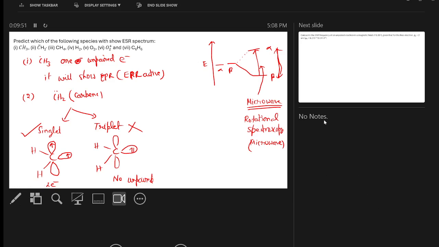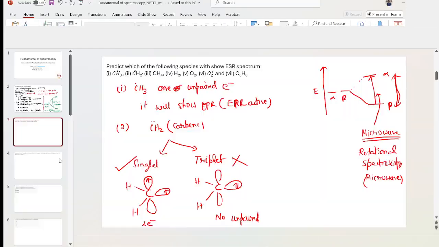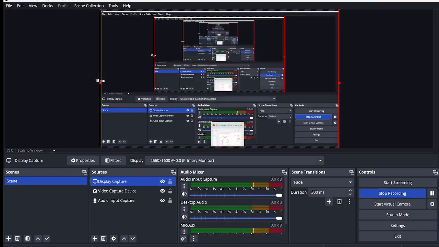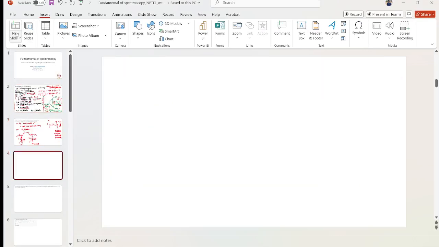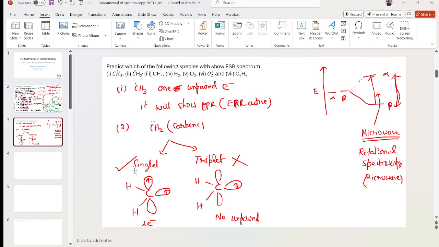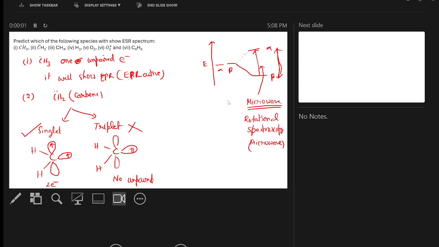Now coming to third question. The third question is methane.